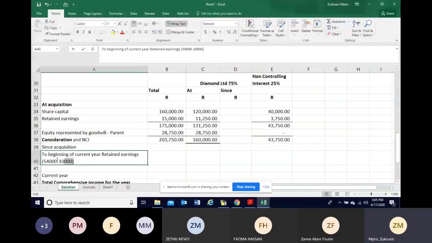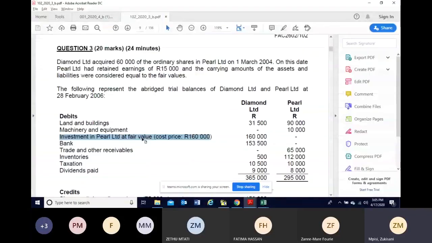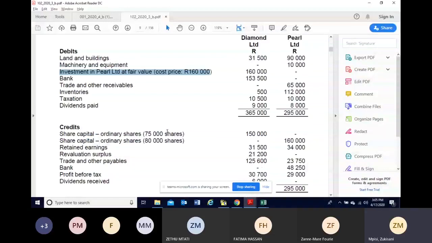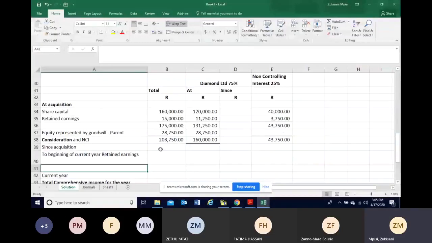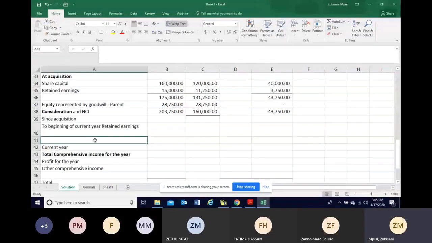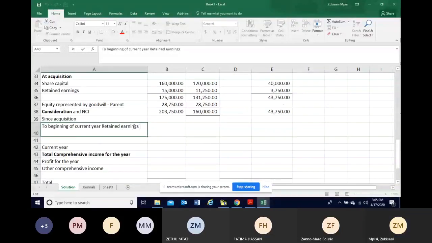Then the next thing that we have is the since acquisition. So this was bought in 2004, and this information is for 2006. So there are years in between. So retained earnings are suddenly 34,000.